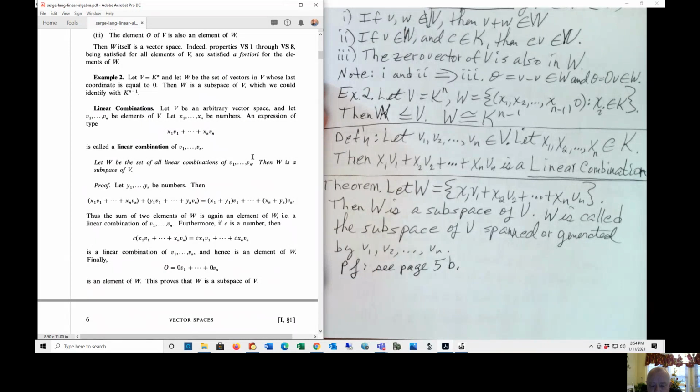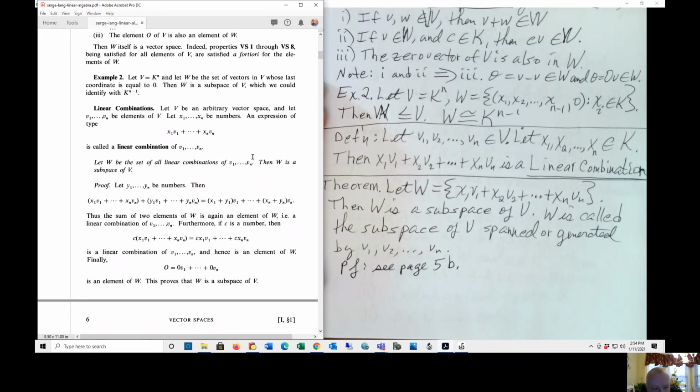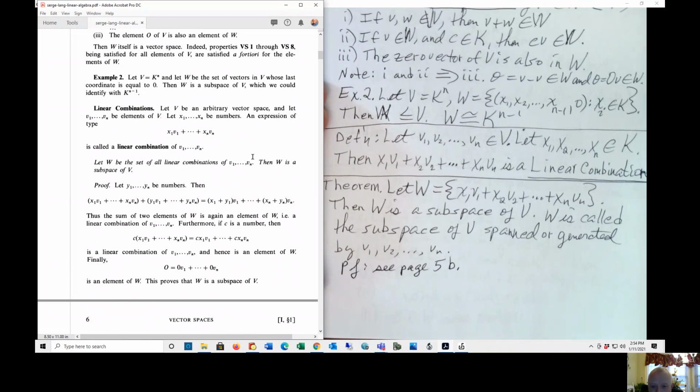Let W be the set of linear combinations x1 v1 through xn vn. Then W is a subspace of V. It's called the subspace of V spanned or generated by the vectors v1 through v sub n.